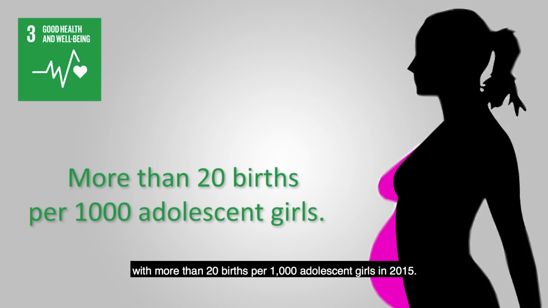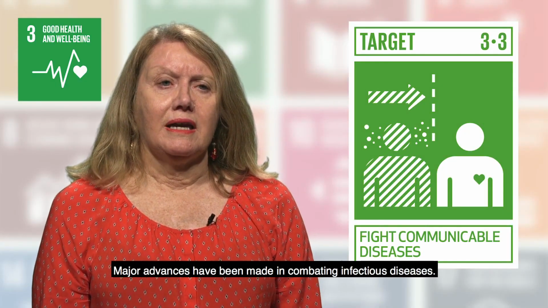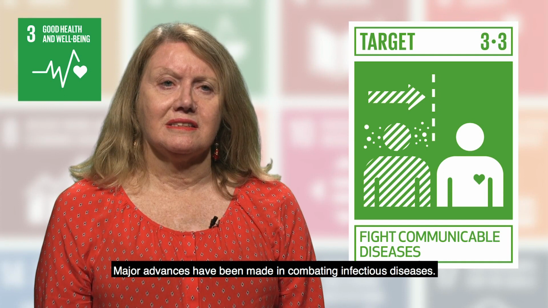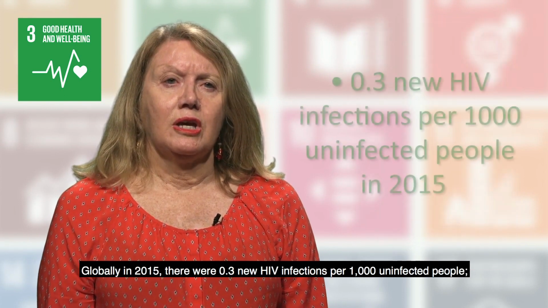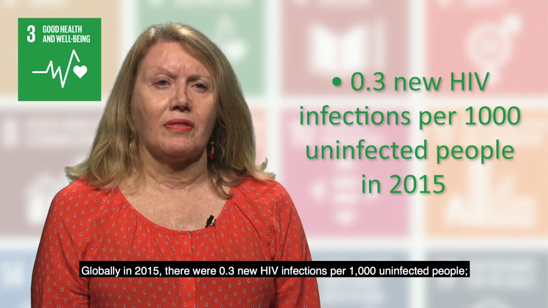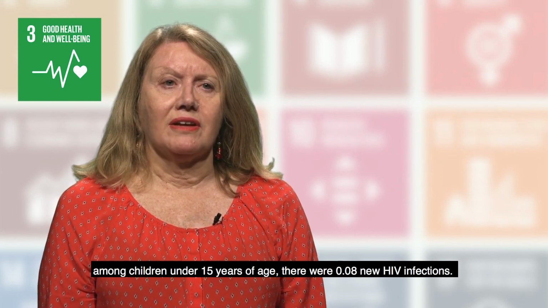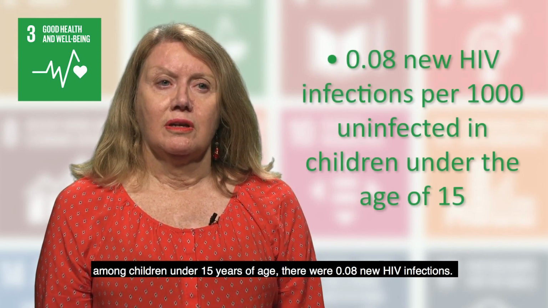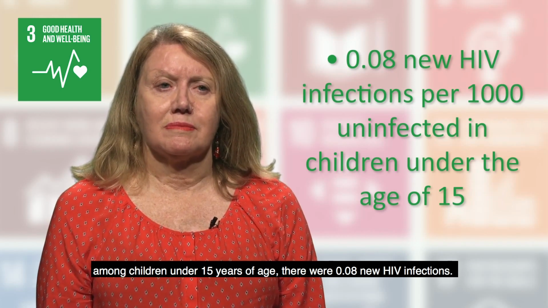Major advances have been made in combating infectious diseases. Globally, in 2015, there were 0.3 new HIV infections per 1,000 uninfected people. Among children under 15 years of age, there were 0.08 new HIV infections.